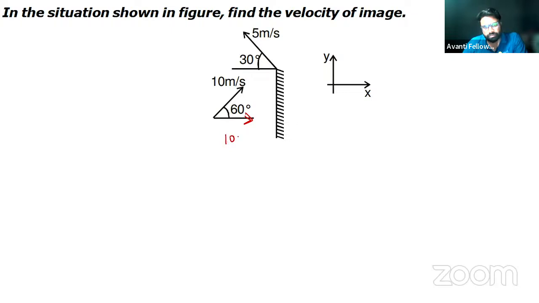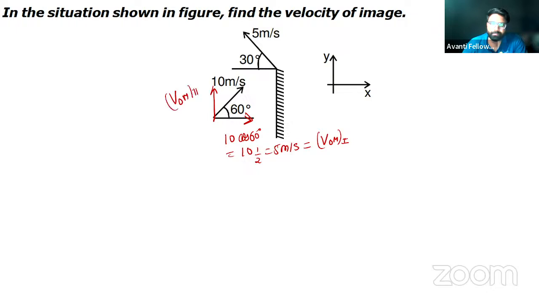It is becoming as 10 cos 60, which is 1 by 2, 5 meter per second, and this is velocity of object with respect to mirror perpendicular, and this is the velocity of object with respect to mirror parallel. अब parallel वाली तो सेम ही होगी. ये कितनी हो जाएगी? 10 sin 60, which is 10 root 3 by 2, ultimately 5 root 3 meter per second.